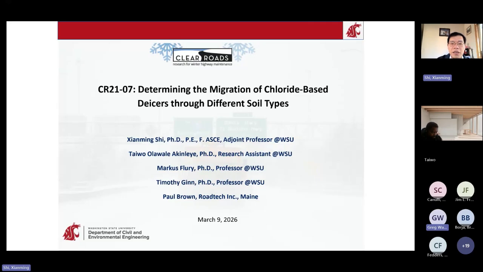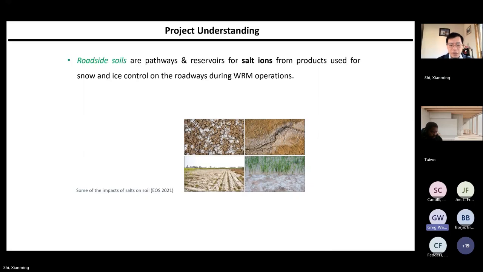So just to go to the backdrop of the project, why are we doing this? First of all, roadside soils are pathways and reservoirs for salt ions from those products used for snow and ice control on the roadways during winter road maintenance operations.